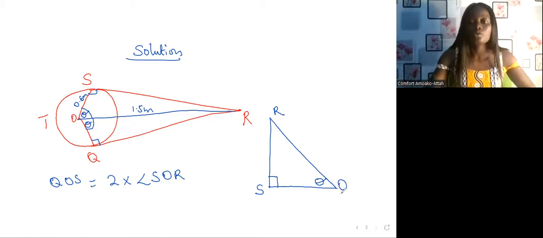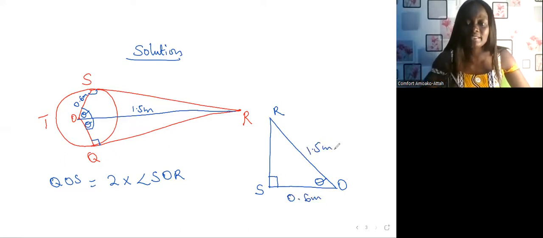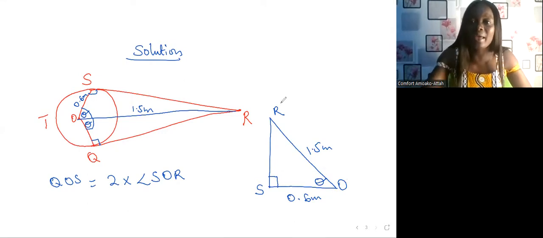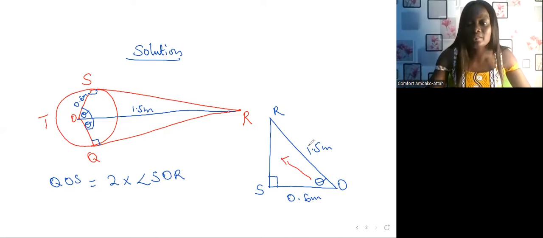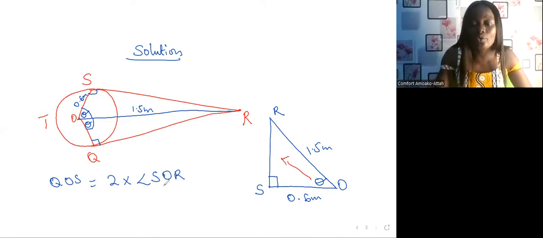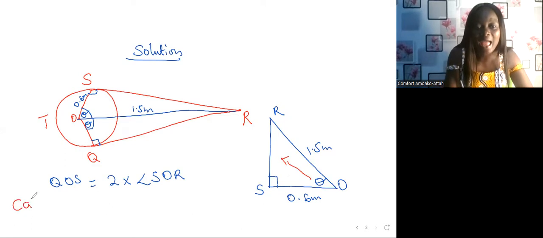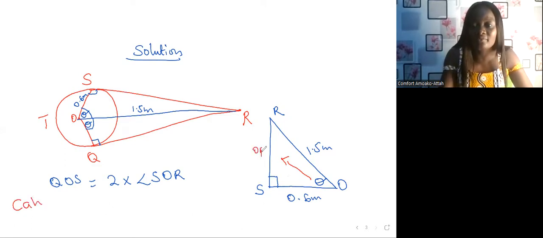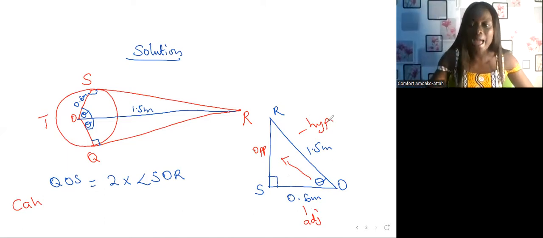So which of the three identities? 0.6 meters, then 1.5 meters. This is directly opposite to this. We don't need this side. Since we know this side and this side, we are going to apply CAH. This is opposite. This is adjacent. And this is the hypotenuse.